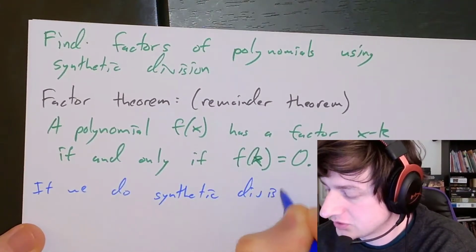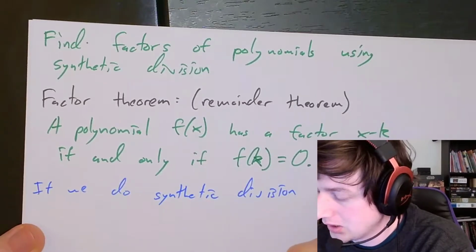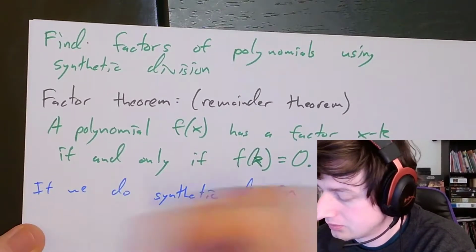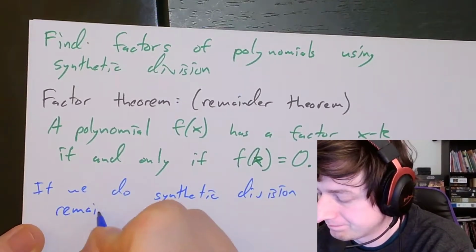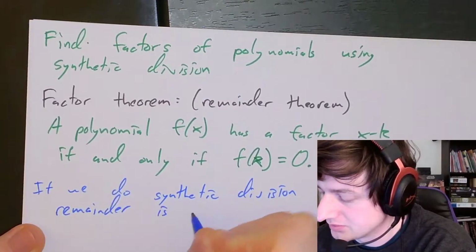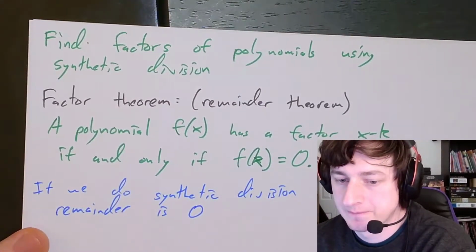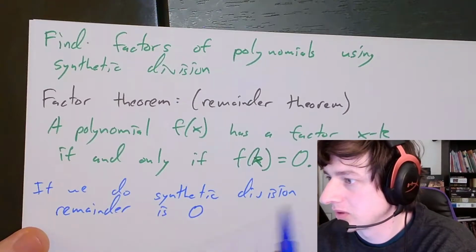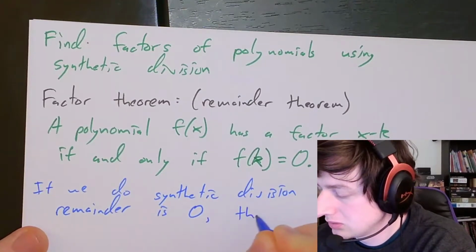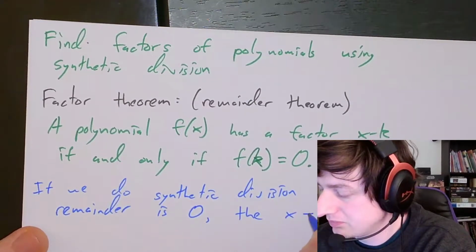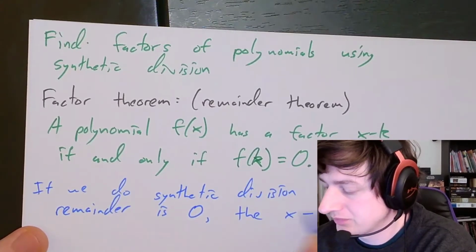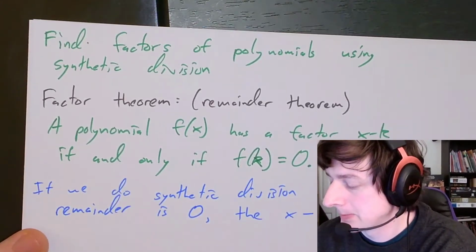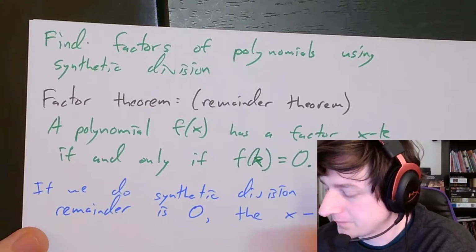If we do synthetic division and the remainder is 0, then x minus k, whatever our divisor was, is a factor.